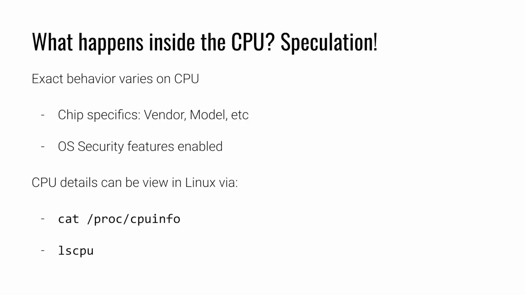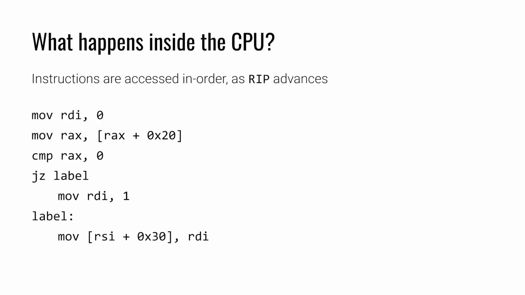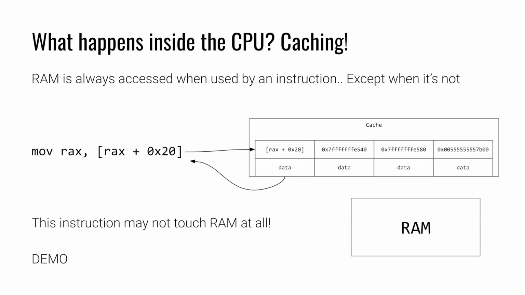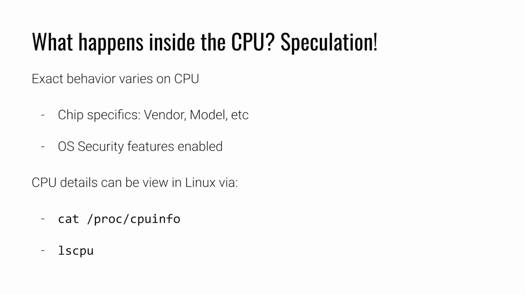So the exact behavior as far as speculation and the exact behavior as far as cache varies from CPU to CPU. It can vary based upon the vendor. It varies based upon the model. It is very specific to the exact CPU that is in your computer.